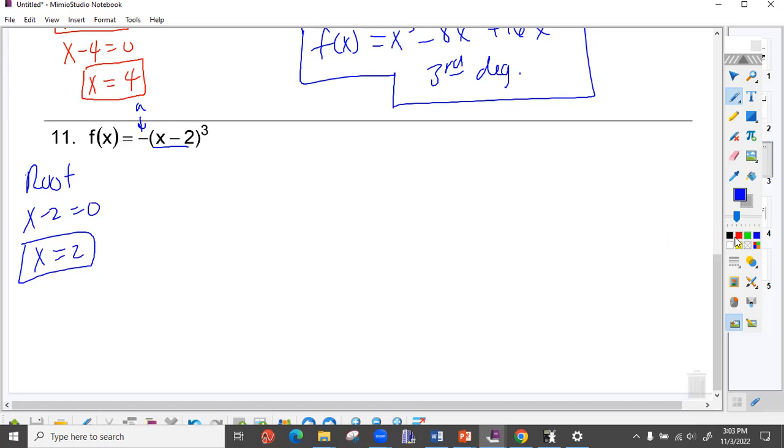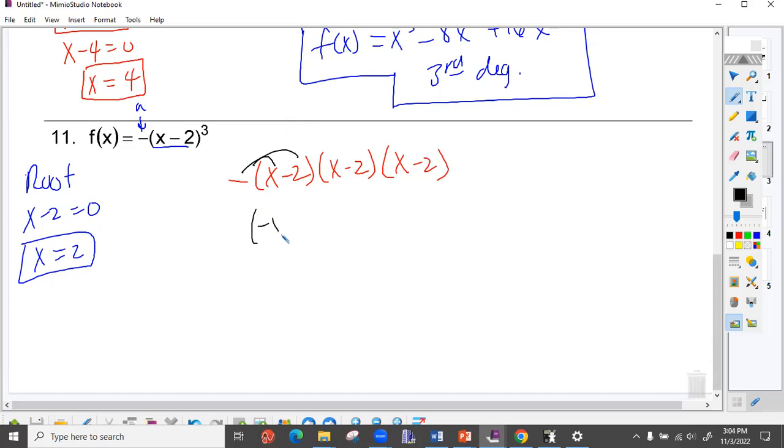Now we're gonna talk about expanding. So to expand this, the 3 means I have x minus 2 times x minus 2 times x minus 2, right? I like to do things in pairs, so I typically would distribute the negative and then FOIL the last 2. I don't know why, that's just how my brain works. So if you are a person who needs to see the box method, I will do that as well. So for the box people, let me at least distribute this first.